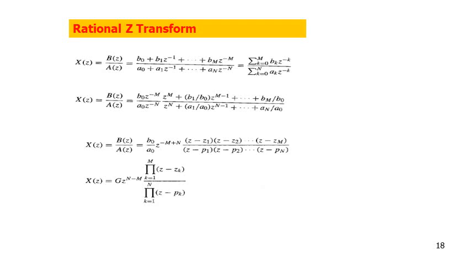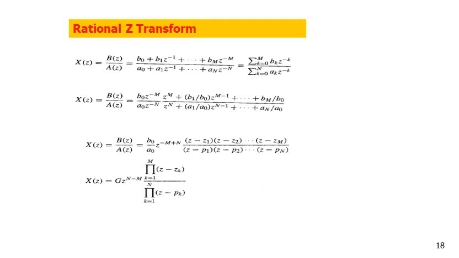So X(z) can be written as B(z) over A(z), and B(z) is a polynomial of degree m, and A(z) is a polynomial of degree n. And as we can see in the last, we can write them in the form of summation from 0 to m for B(z) and 0 to n for A(z).